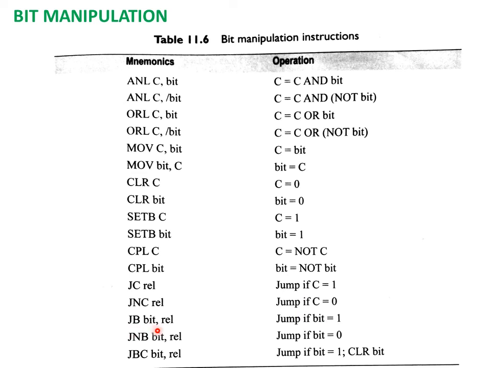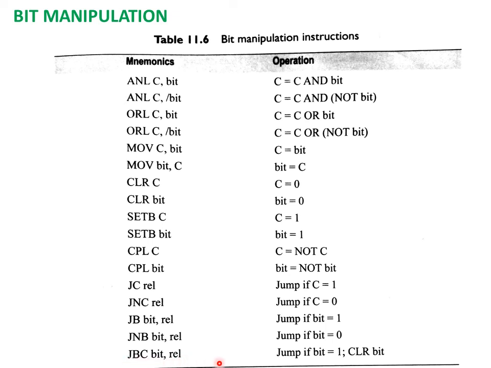Next, JB bit comma REL: jump if the bit equals 1. JNB: jump if the bit equals 0. And JBC: jump if the bit equals 1 and clear the bit. Two conditions are executed at the same time using the JBC bit comma REL instruction.